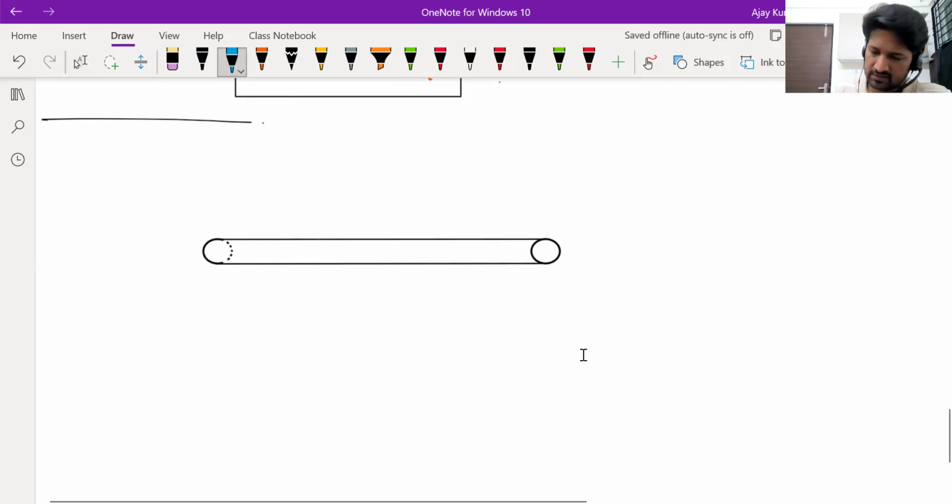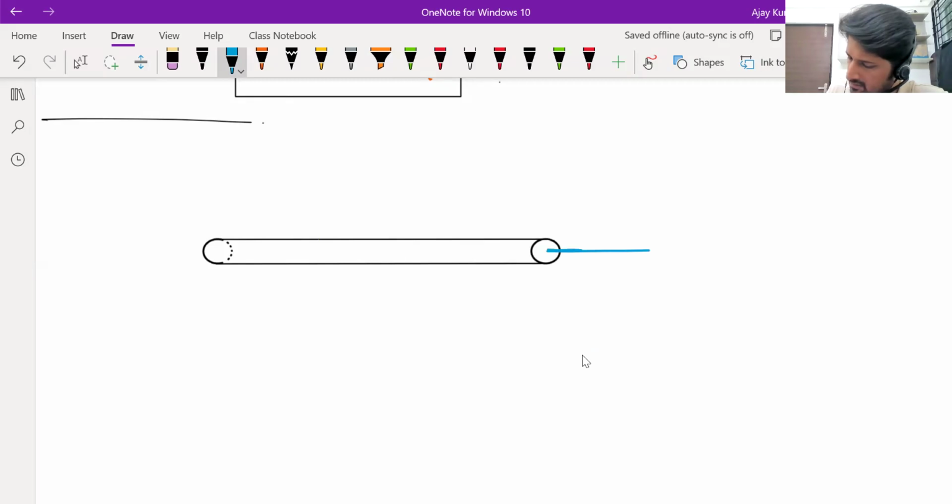Suppose there's a wire like this, and at one end, assume a force 3F is being applied. Then at the midpoint, see, it's a uniform wire. Area of cross section is same everywhere. Material is same everywhere.